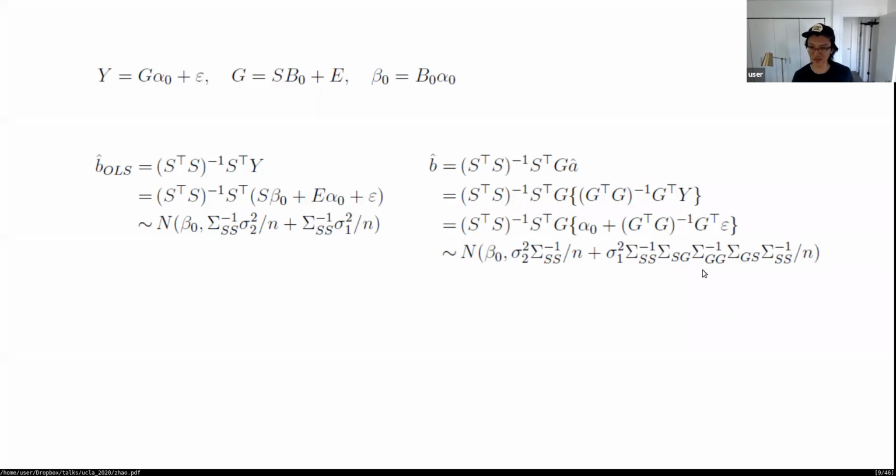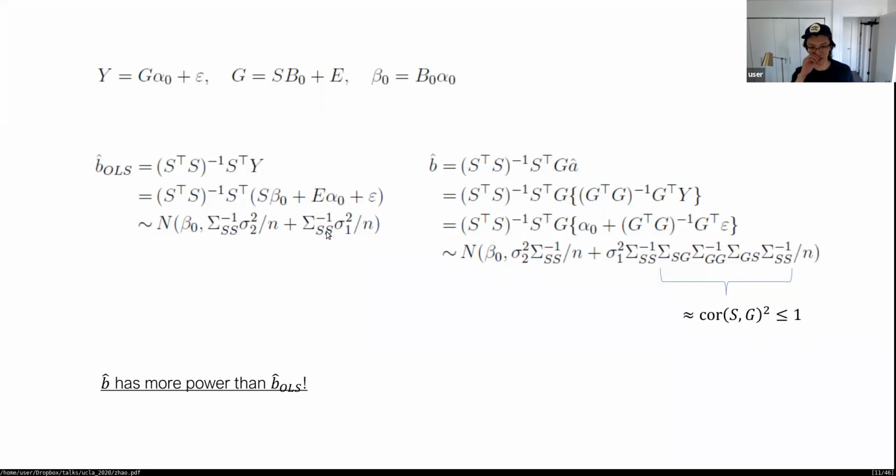If you stare at this part over here, if you only have a single G, you only have a single S, and everything's centered, then this is basically the squared correlation between S and G. So we had the covariance here, so squared covariance divided by variance of G divided by variance of S. That gives me a squared correlation, which says that this part always will be less than this part, which is wild. So basically, this wonky estimator that I just dreamed up has apparently more power than OLS.